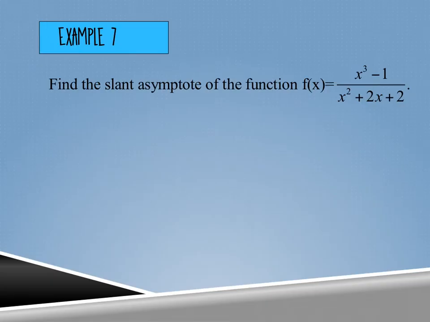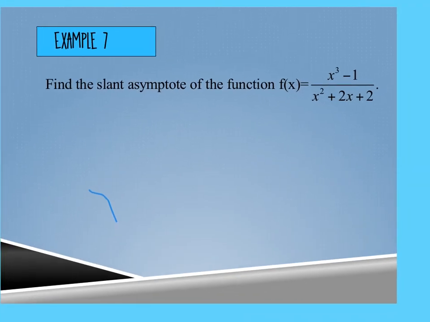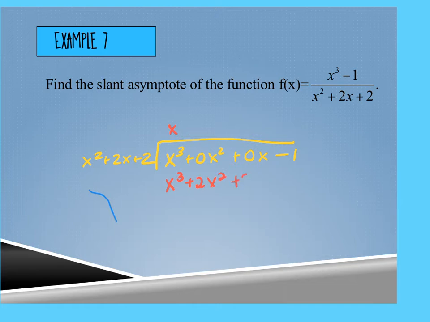Okay. One more, just the asymptote. So I take that x to the third minus 1. I'm missing terms this time. x to the third plus 0x squared plus 0x minus 1 would have to get divided by x squared plus 2x plus 2. So I have to multiply by x. I get x to the third plus 2x squared plus 2x. Change your signs.